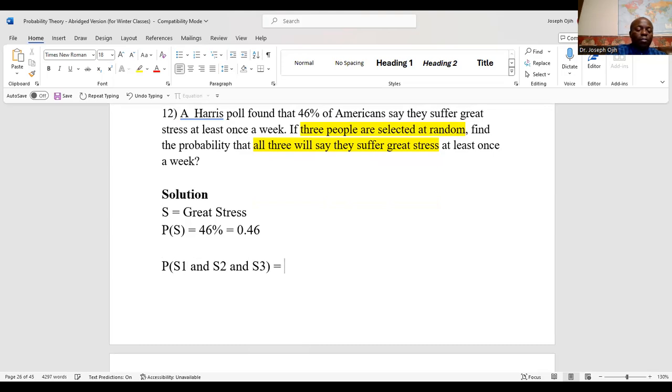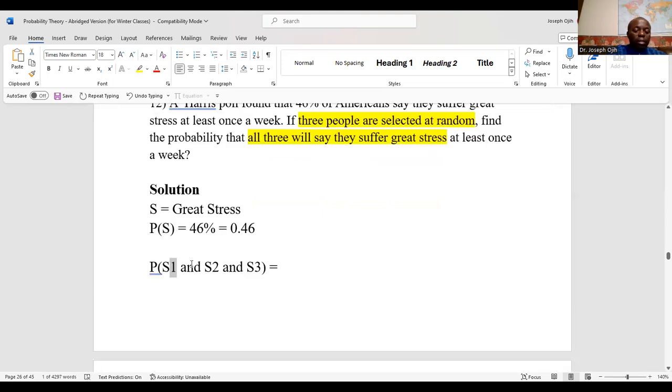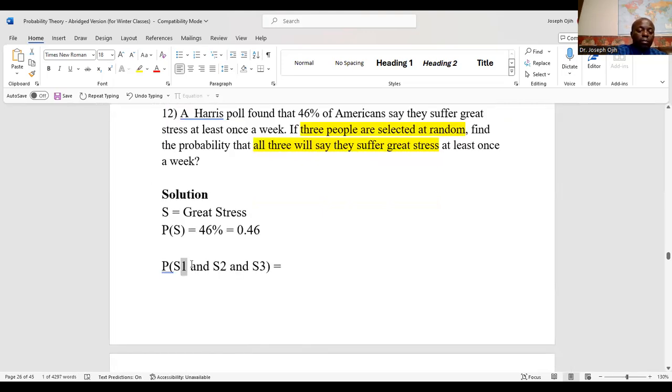That means we're going to highlight this and make it subscript.